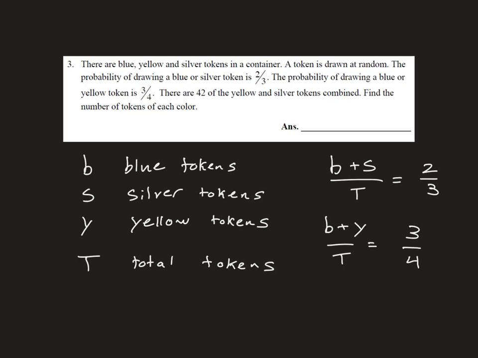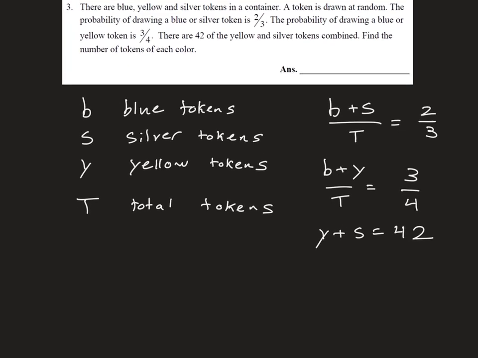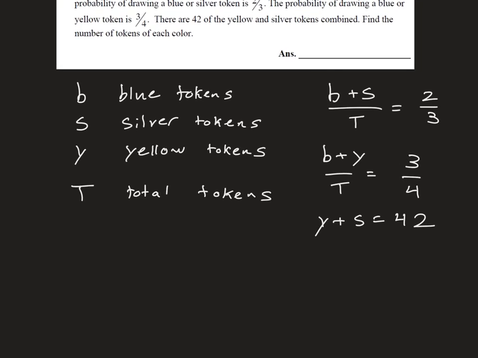Also, it tells us that the number of yellow tokens plus the number of silver tokens is equal to 42. So before we go any farther, let's write T equals B plus S plus Y, because that's the only 3 types of tokens, so they make up the total number of tokens.